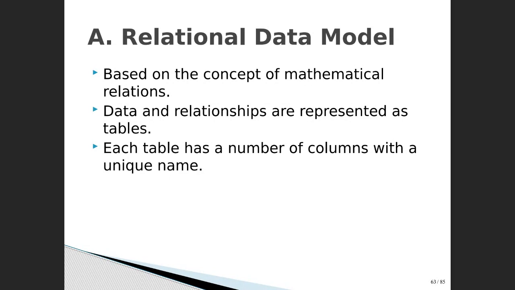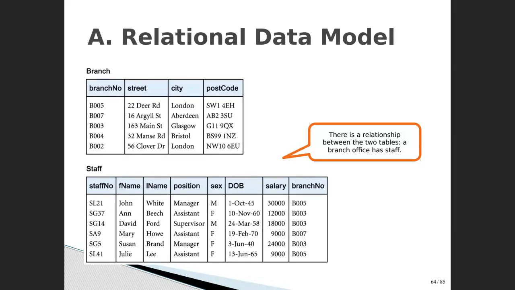Each table includes a number of columns and rows and has a unique name. For example, these two tables. Previously you mentioned the link or the relationship between these two tables. You said that the branch number is the link between these two tables, right?